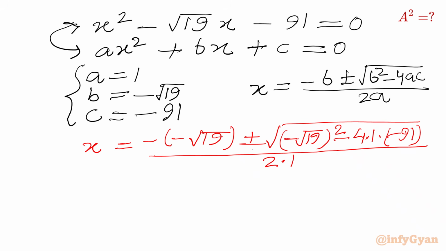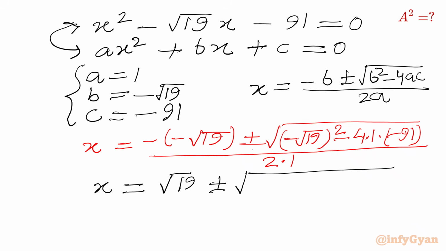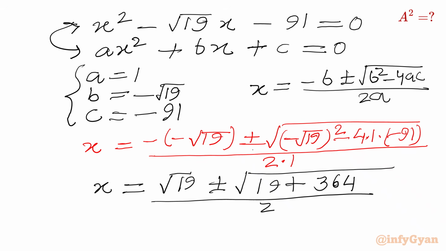Now we have to simplify. We will get x equal to minus times minus becomes plus square root 19 plus minus square root of 19 plus 4 times 91, which is 364, over 2. 19 plus 364 is 383.